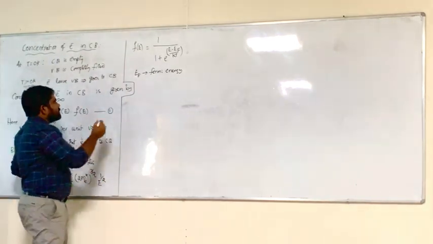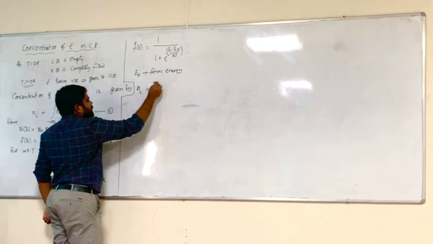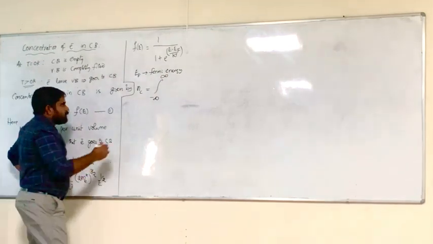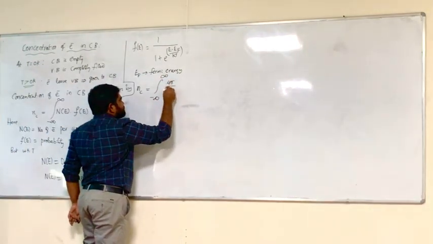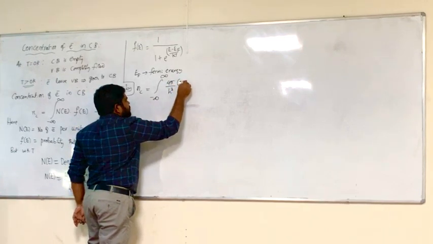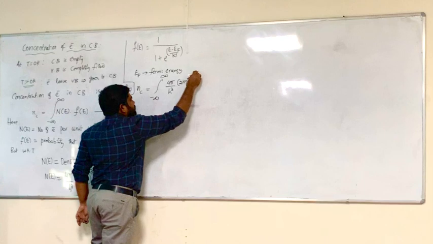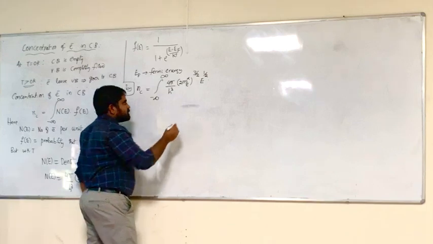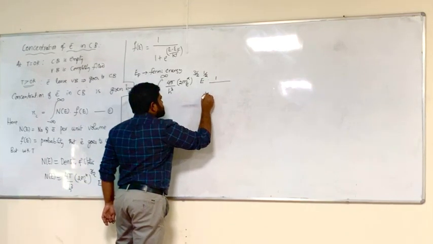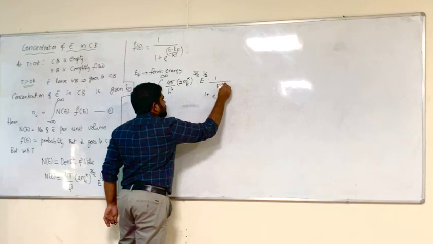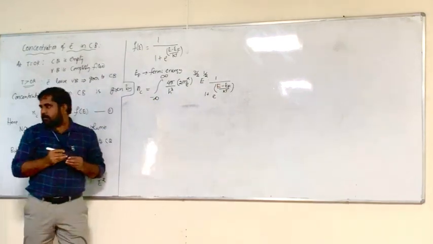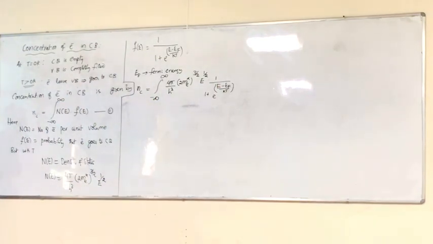So N of C is the integral from minus infinity to infinity of N of E, which is 4 pi by h cube, (2 m_e star) to the power 3 by 2, E to the power 1 by 2, into f of E. F of E is nothing but 1 by 1 plus e to the power (E minus Ef) by kT. Right? Now we need to simplify this. What are the constants you can take out?